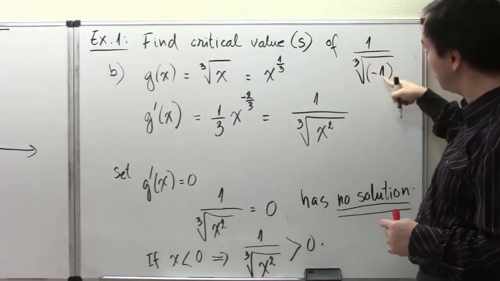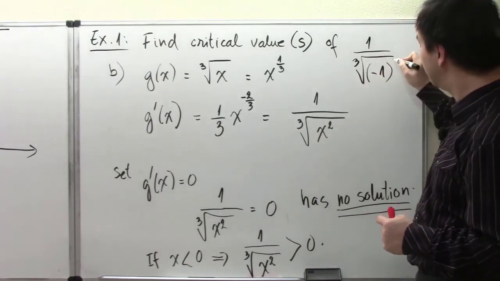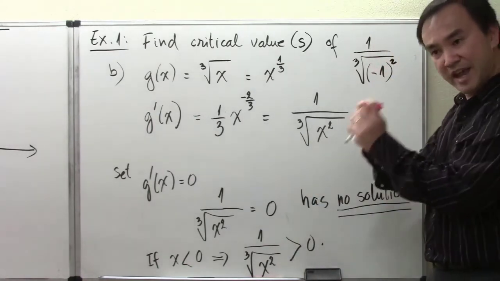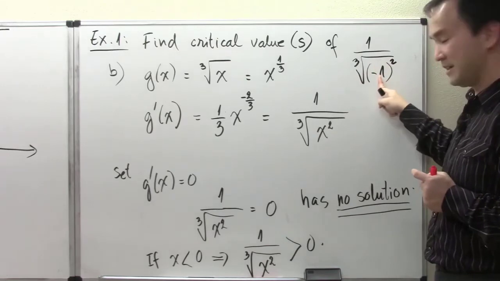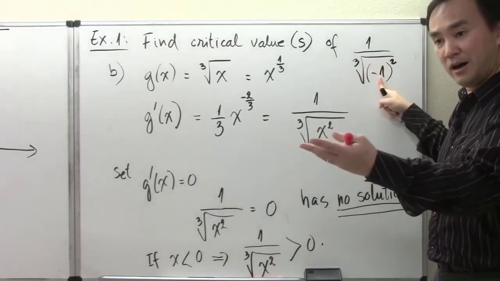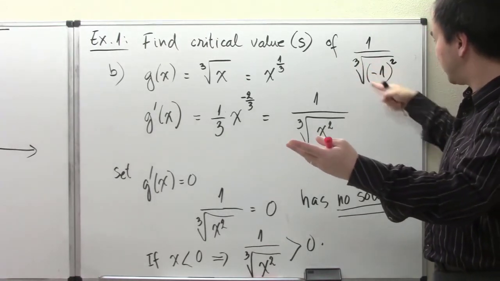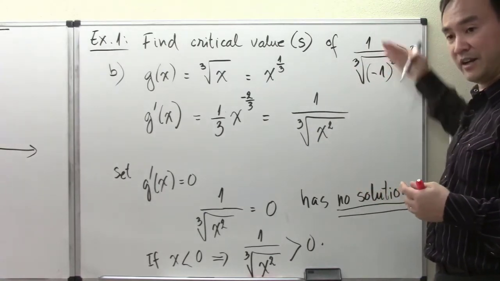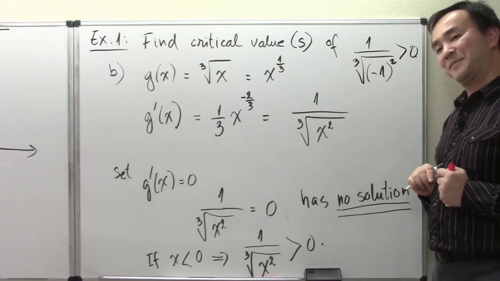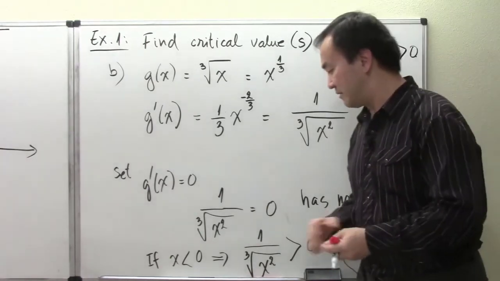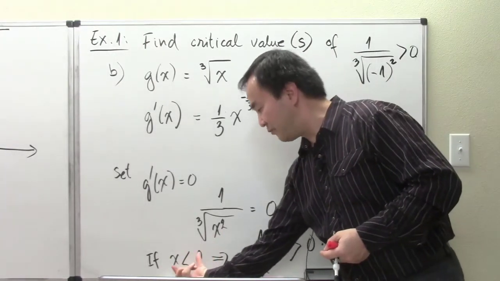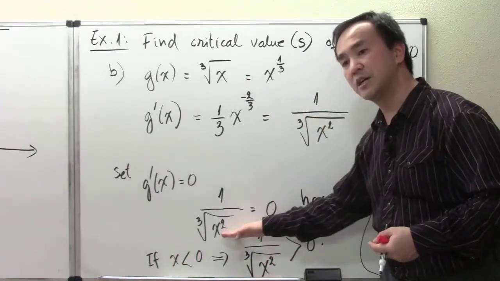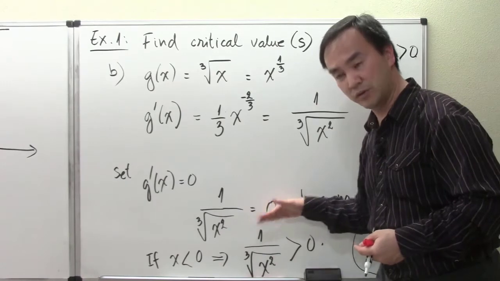I use parentheses very carefully right here. Due to that square, even with a negative number, it will always force the value into a positive. And so the cube root of an overall positive value once again turns out positive. You can quickly verify me on this. So as a generality, even if we pick a negative x value, this left hand side is still above 0, and will not equal 0.